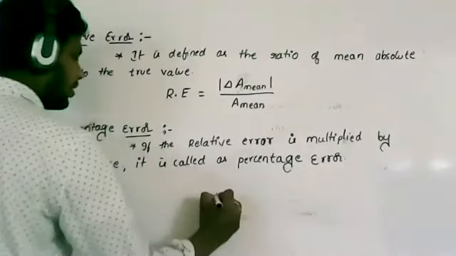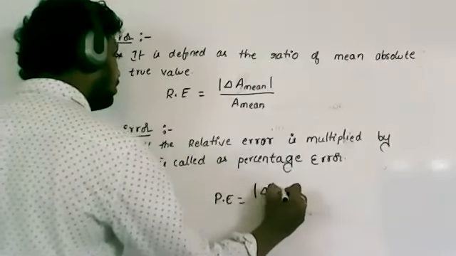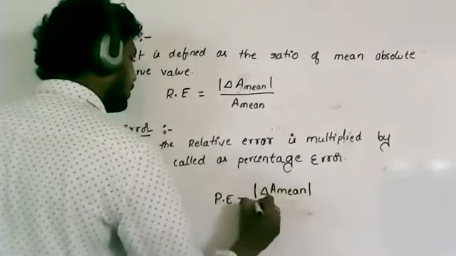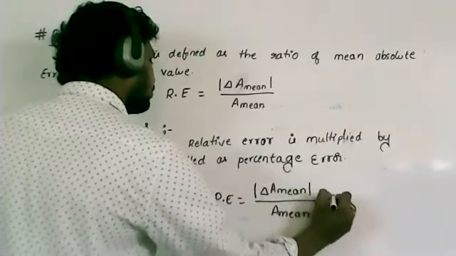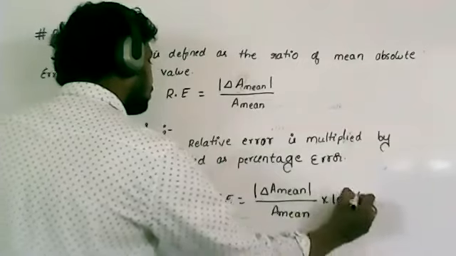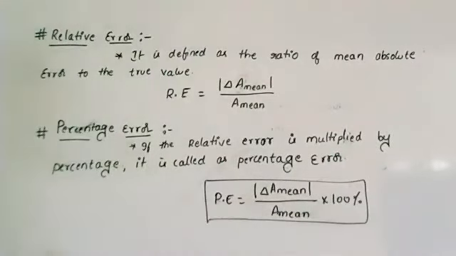Now that percentage error, I will take it like this: delta A mean divided by A mean into 100%. So this is nothing but percentage error.